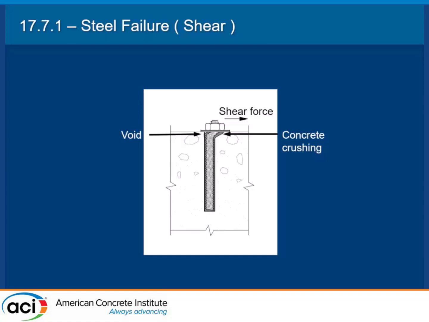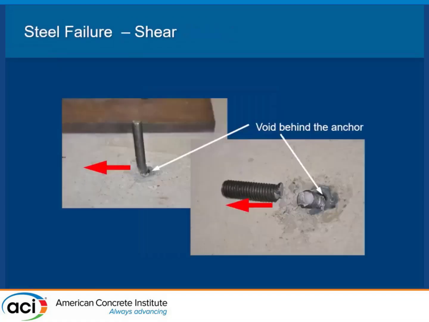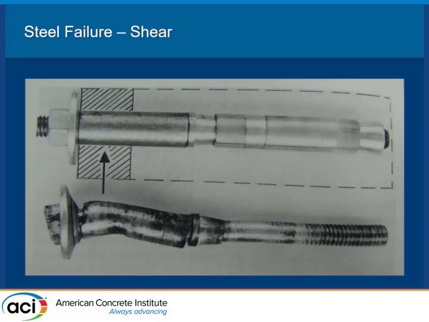The equation you have to do is just the one for steel. I'm just showing you different types of steel failures that you could see in the field. If you're inspecting and it didn't shear on you, but the anchor is deforming to this degree, it is considered a failure.